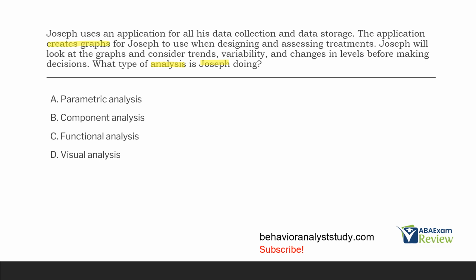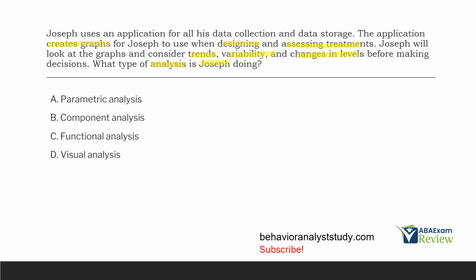Very convenient, great for sharing with stakeholders, great for analysis. And so Joseph uses these to design and assess treatments. He looks at trends, variability, and changes in levels. So Joseph is clearly looking at the graphs, looking at the data, and then using that data to guide his decision making. So when we're doing that type of analysis, what is that called?